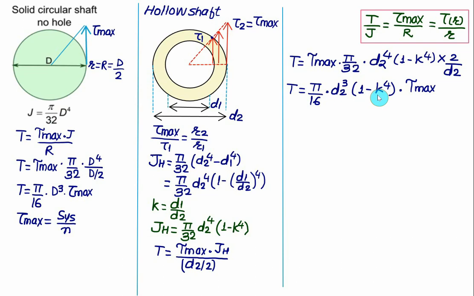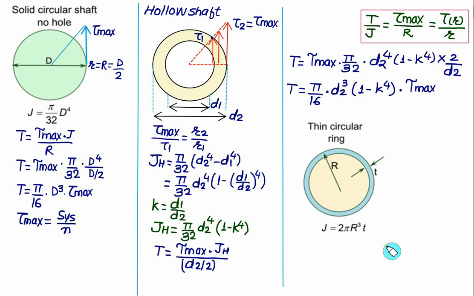Now in this equation, if I put k equal to 0, in that case we have the same formula as for the solid shaft. In the case of a very thin circular ring, that is a tubular shaft, the polar moment of inertia is given as 2 pi r cube t, where r is the mean radius.